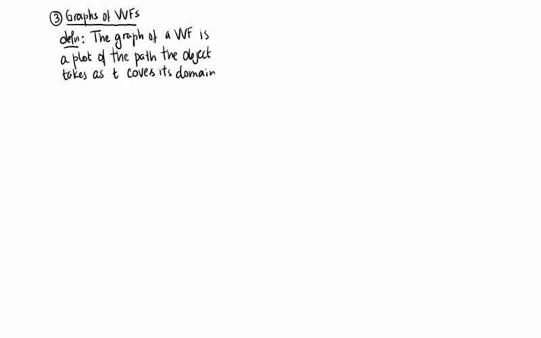This little side comment about t covering its domain may be confusing right now, and that's okay. Don't worry about that. Here we will do a whole bunch of examples.